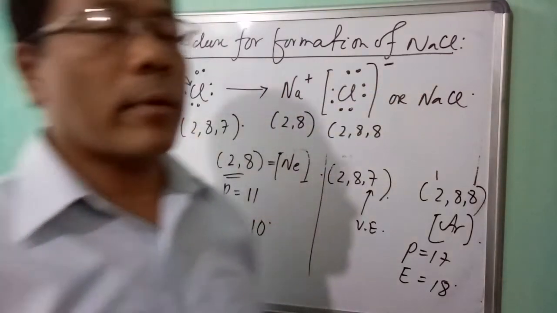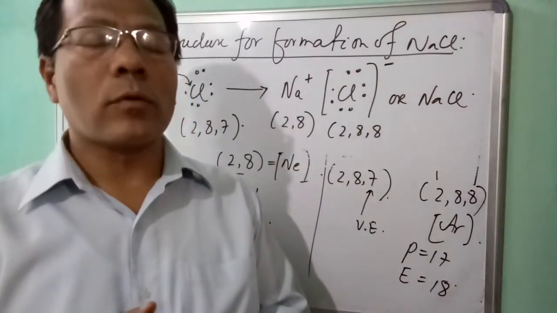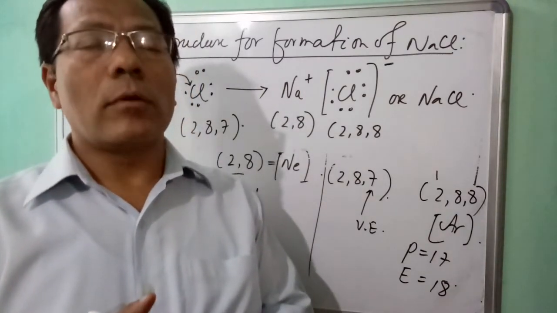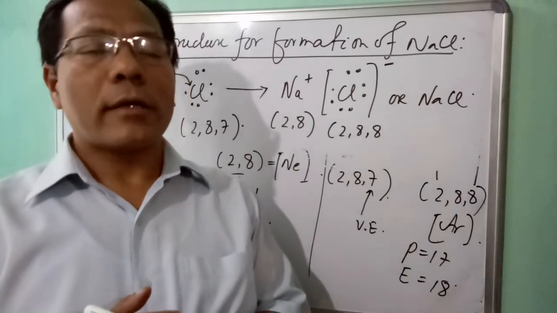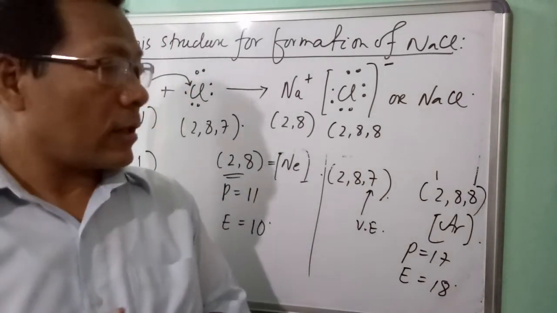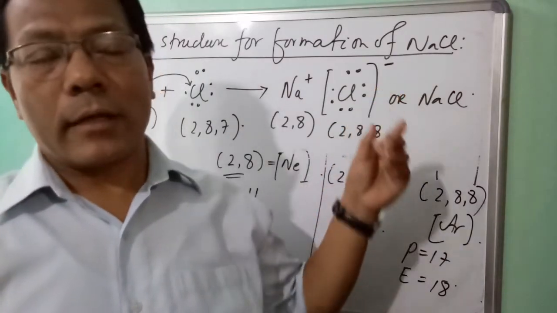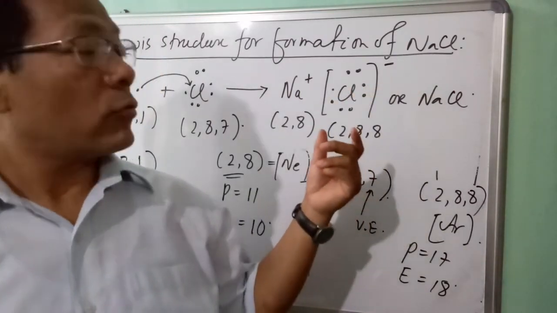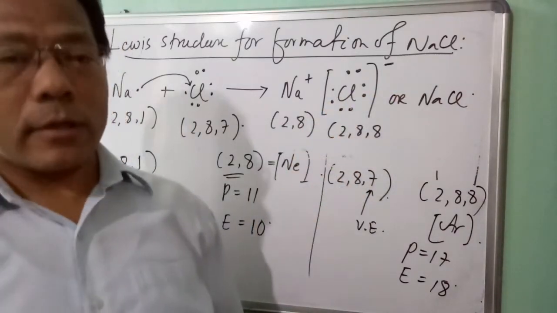Ionic bond is formed by the combination of metal atom and non-metal atom, where the metal atom loses its valence electron to form a cation which will get the stable configuration of a noble gas, and the non-metal atom will gain the electron given by the metal atom to form an anion, which also gets the stable configuration of a noble gas.